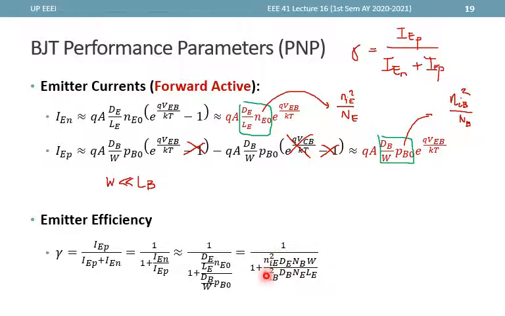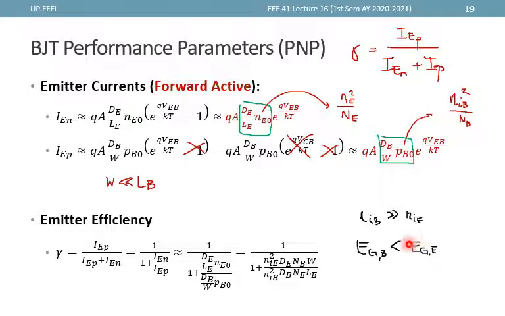So we need this thing here to be very small. So ideally, NIB is much greater than NIE. And we can achieve this if we have a material such that the EG at the emitter is larger than EG at the base.